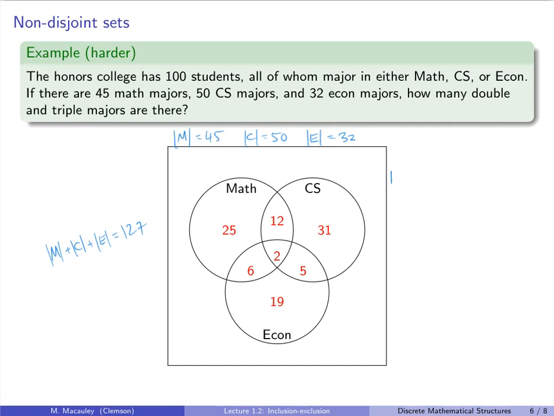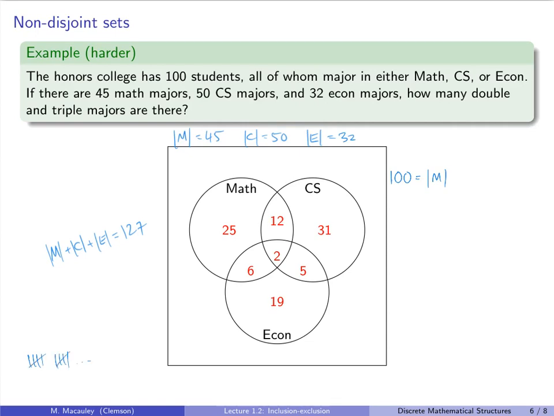So let's put those 100 people in the auditorium and take attendance. Everybody who's a math major, raise your hand. We get 45 people, and we have a tally sheet, so we make 45 tally marks down here.